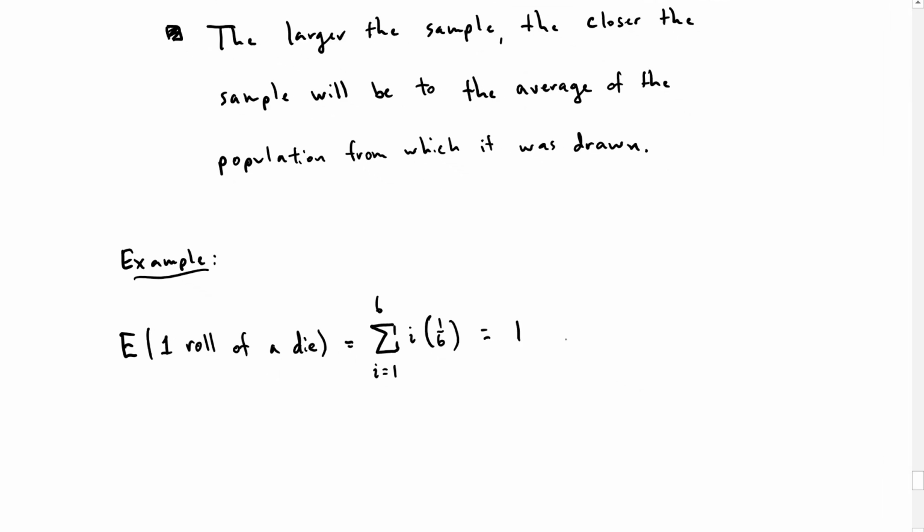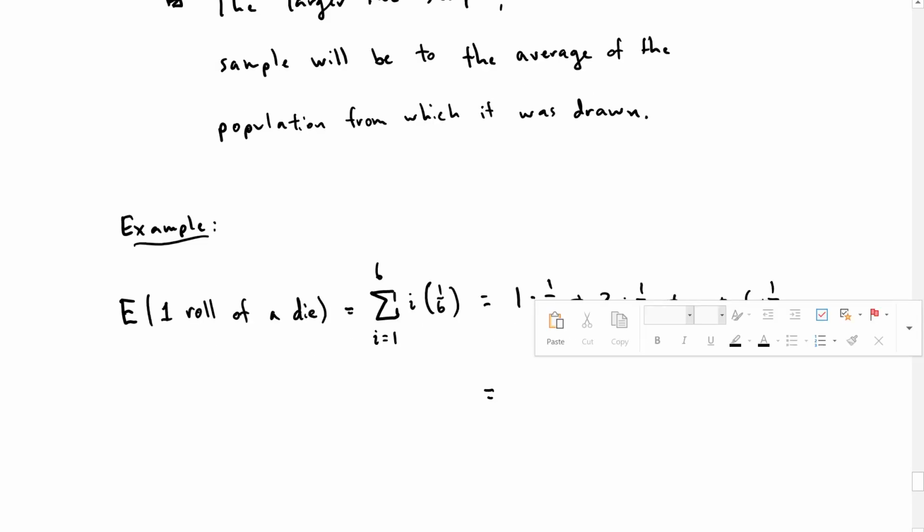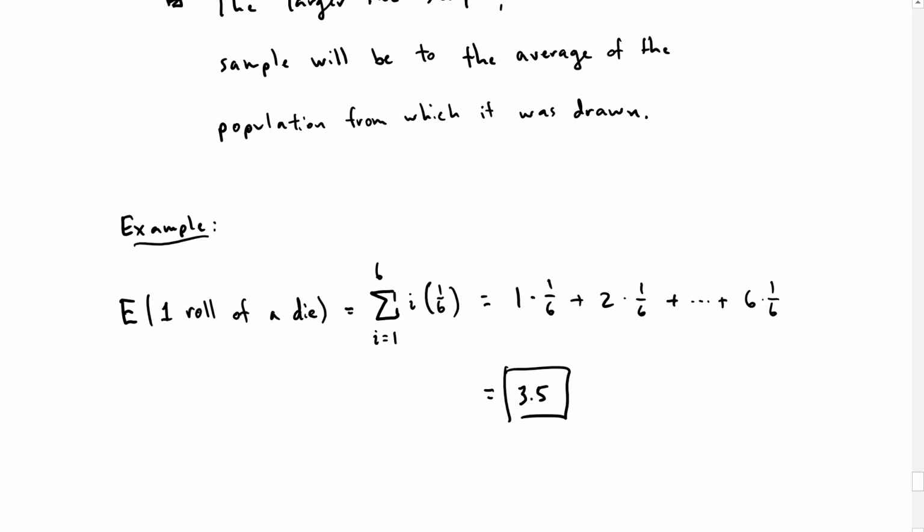So side 1 has a probability of 1/6, plus side 2, which has a probability of 1/6, plus all the way up to side 6, which has a probability of 1/6. And you add all those up together, you're going to get 3.5, which is strange.